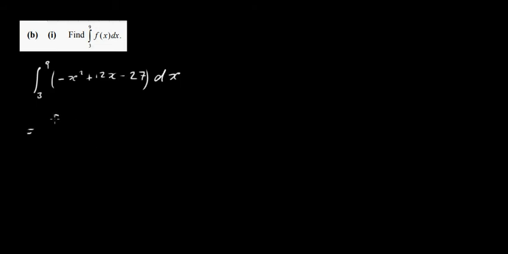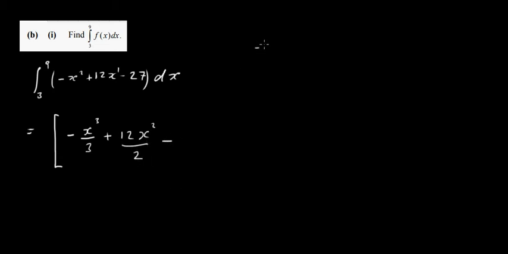So what we get when we do the integration is we integrate each term individually, which we can do here. So this is going to be minus, increase the power by 1, so it's going to be x cubed, and then divide by the power, so that's 3. Got a plus here, this is 12, so again our power here is 1, so increase that by 1, so that becomes squared, and then divide by the power, which is 2.